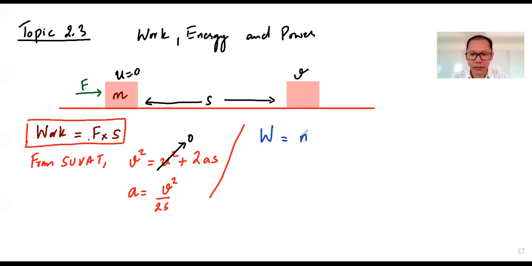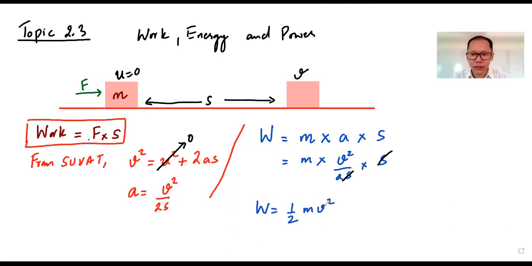So m is the mass of the object and a is the acceleration of the object, times the displacement. And mass times acceleration here is v squared over 2s, so v squared over 2s times s. Now I can cancel the s's here and finally get work as 1/2 mv squared.